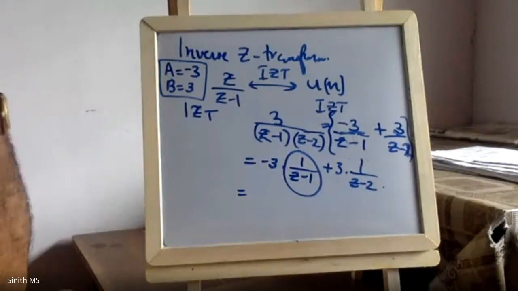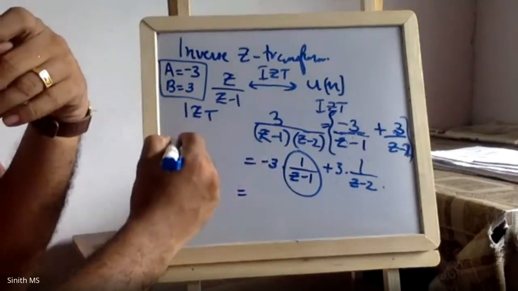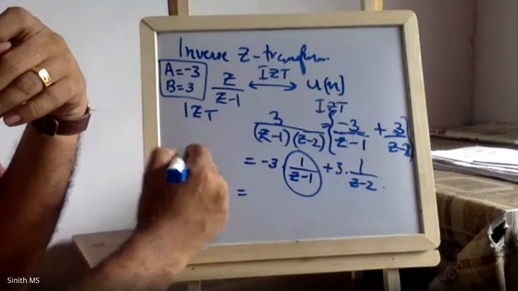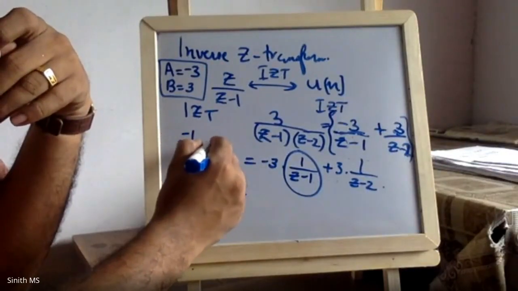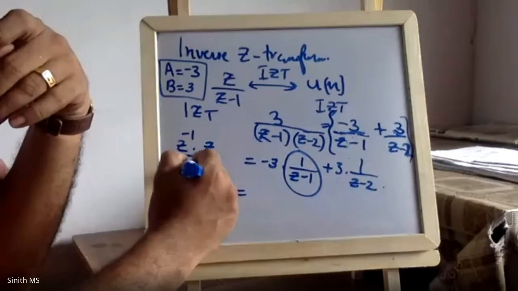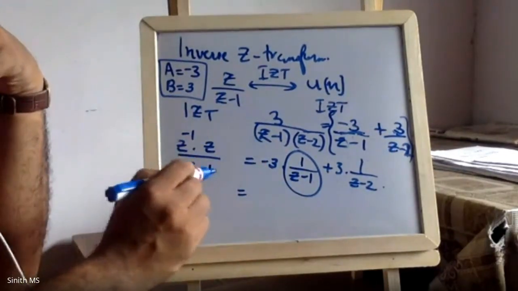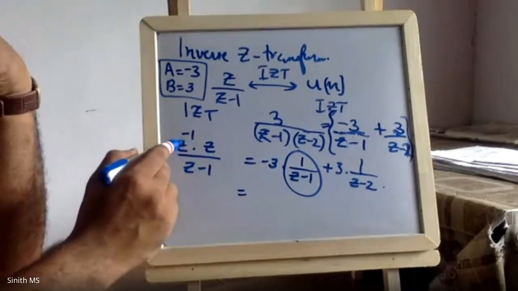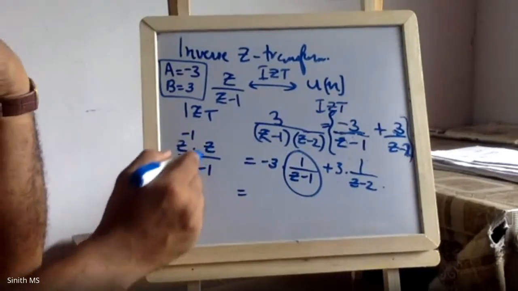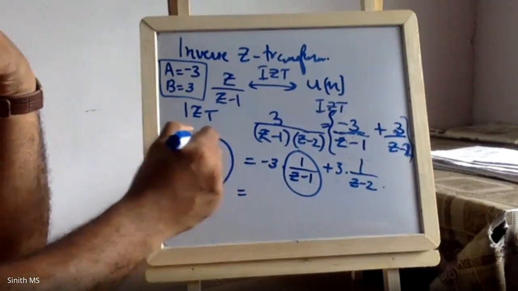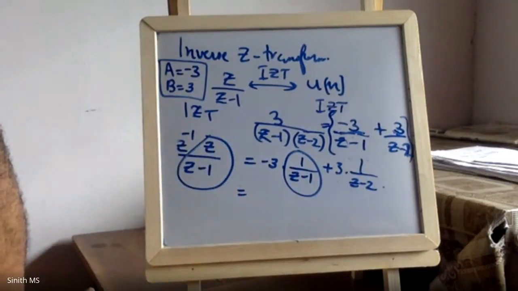Who told that? Ashwin, very good. See, 1 by z minus 1 you can write as z inverse into z by z minus 1. Do you agree? And what is the inverse transform of z by z minus 1? You know it is u of n, right?